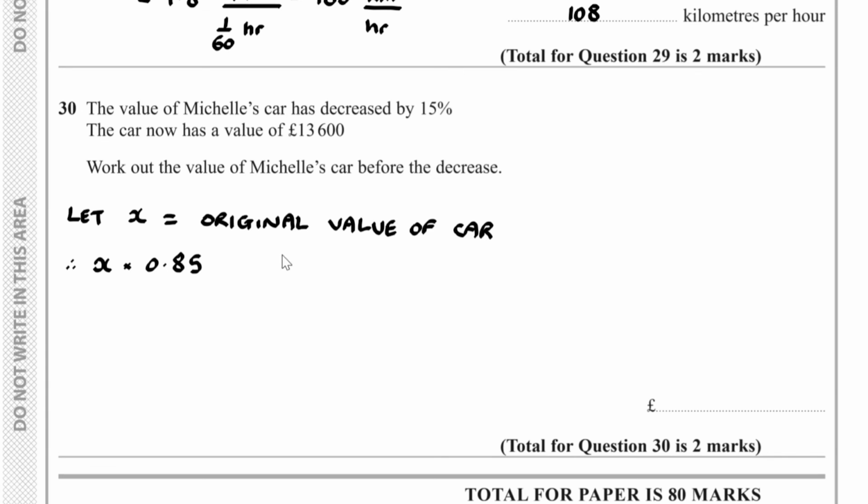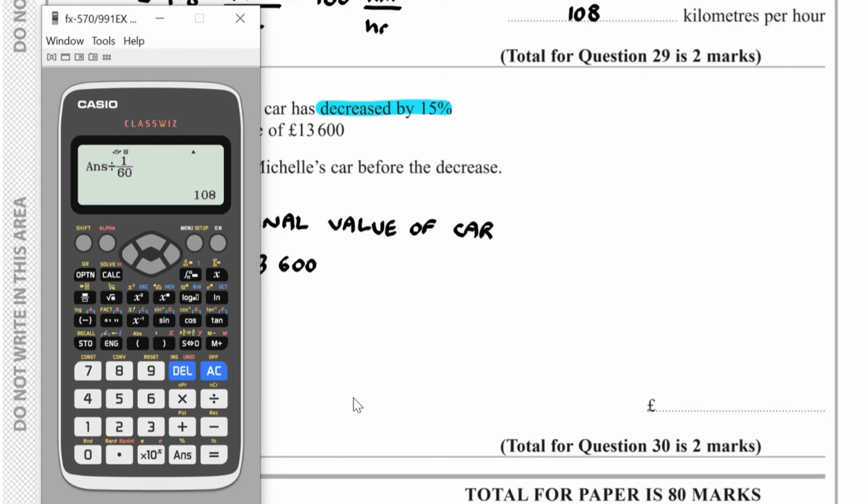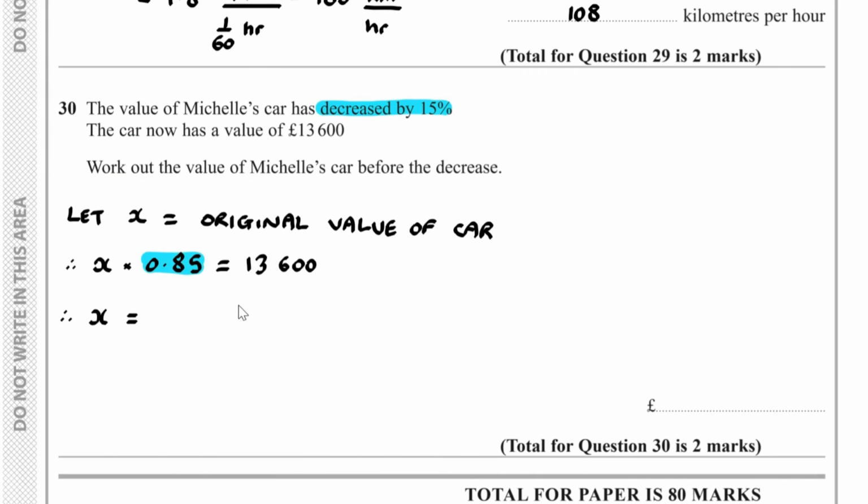So this 0.85 comes from decreasing by 15%, and the final value, once I've decreased it, is 13,600. So if I work this out, 13,600 divided by 0.85, that's 16,000. So the original price of the car is 16,000.